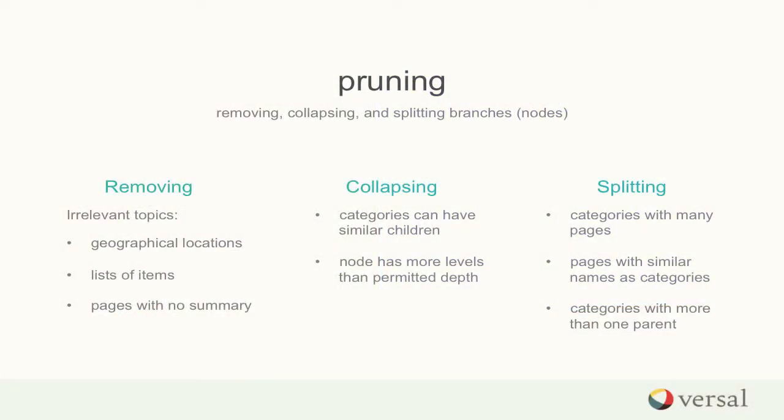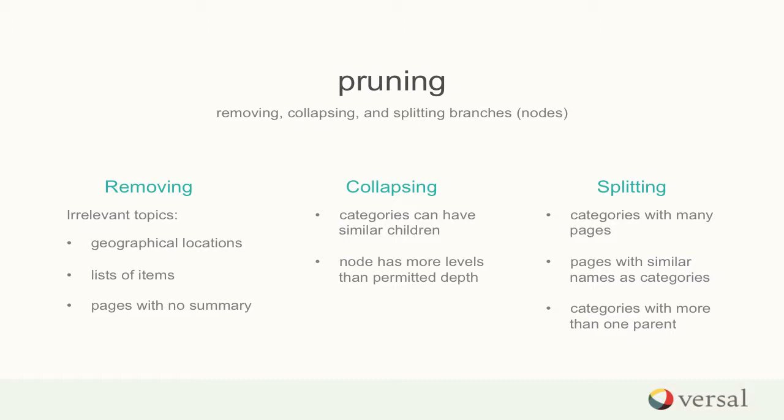Okay? So all of these rules we kind of summarized into 3 different operations that we're doing on the taxonomy. So first of all, we can remove leaves, topics, subcategories, and categories based on some semantic rules that we've devised. So basically, we look at the content of each page and determine its relevancy.